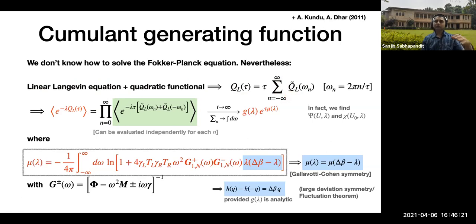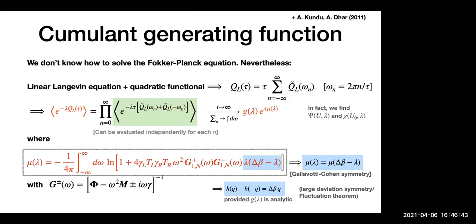You just look at the heat flowing in each frequency channel, and it turns out that the heat flow along each frequency channel is independent of the others. Therefore you can find this expectation value independently for each channel, and these are still quadratic functionals of the noise. So you can actually find it exactly.